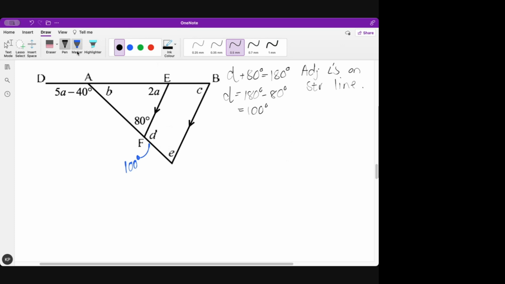We're going to do corresponding angles. Do you guys see the F? That way, going up there and going up there. So then E is equal to what?